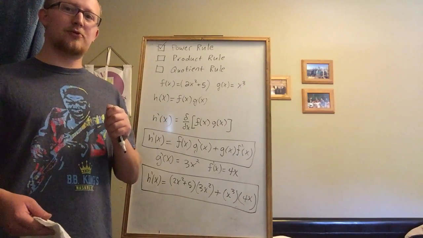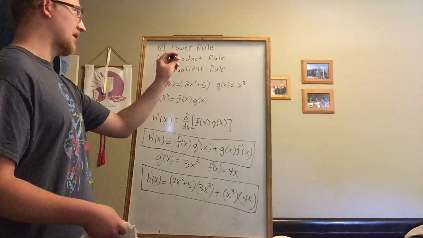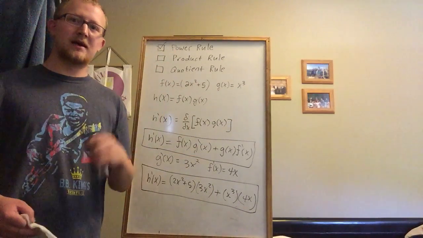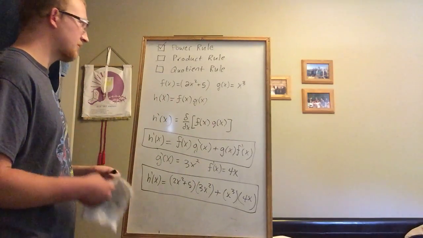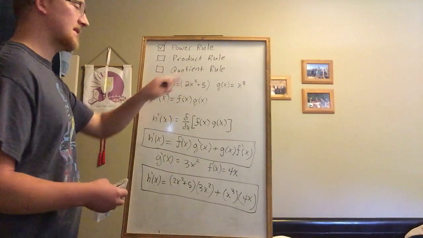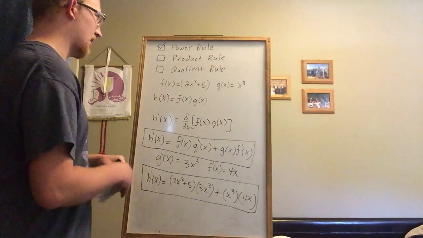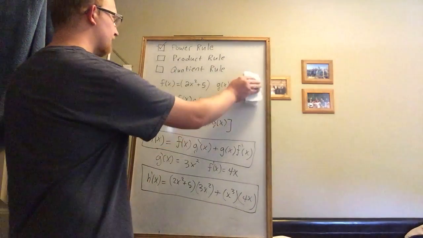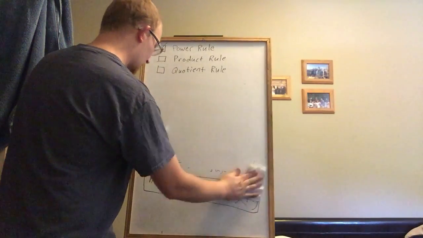You can actually fool your way through any derivative simply using the product rule, because once again, a quotient is just an inverse product. But the nice thing is sometimes you'll notice the quotient rule works a little bit better with the problem that you have. So let's go ahead and take a look at the quotient rule.